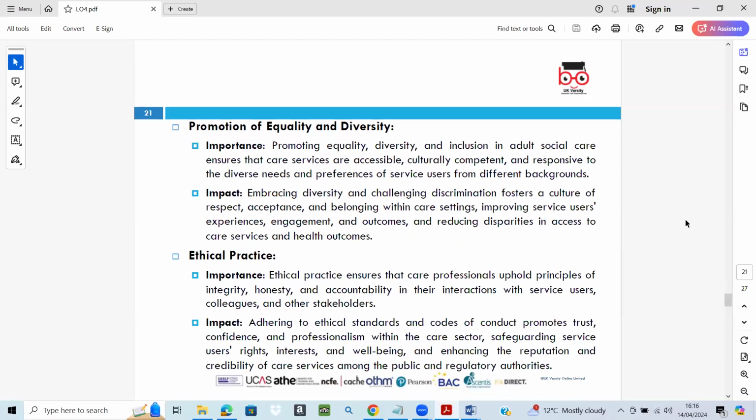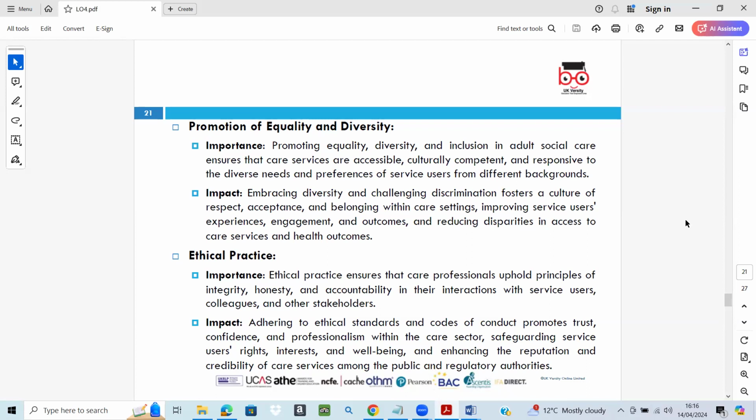In the next slide, we have promotion of equality and diversity, and again, its importance and impact, and ethical practices, and importance and impact.